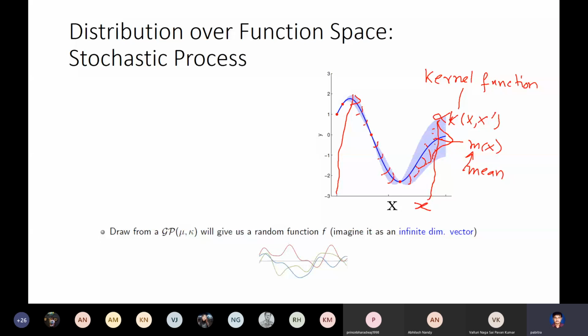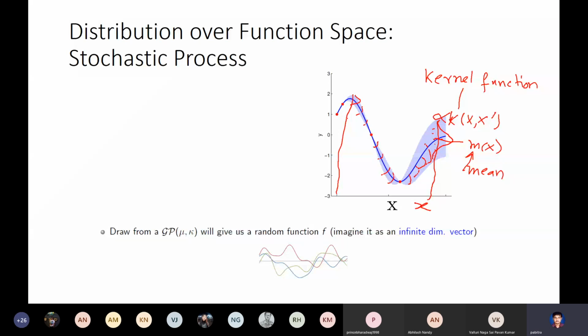And the variance of this Gaussian at x, at every point it is a Gaussian, is proportional to this k. What kind of proportional? I'll derive. And you have a mean m(x).